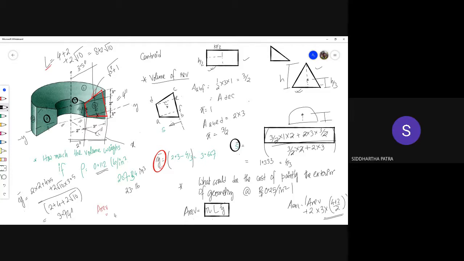Then you can get the area of revolution using this L right here, this y bar right here, and pi. What value are you getting for the area of revolution?